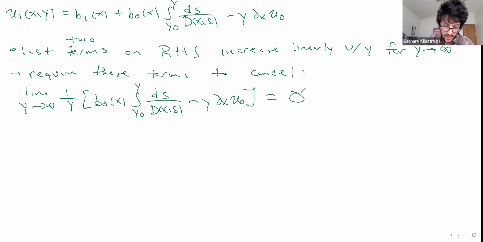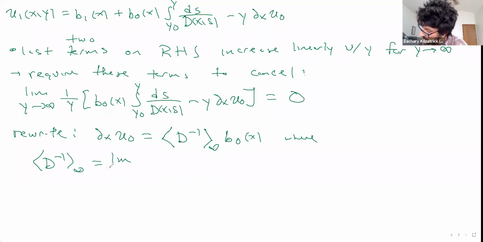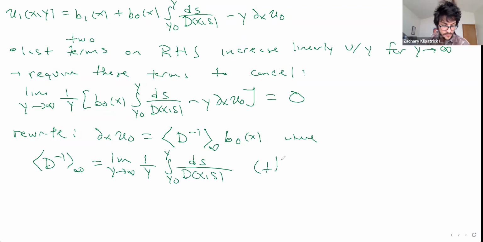Now I can rewrite this a bit as dx u0 is equal to this thing that I'll define as d to the minus 1 infinity norm here, b0 of x, where this expression is equal to the limit as y goes to infinity of 1 over y, integral from y0 up to y, ds over dx of s. And I'm going to call this expression here dagger.